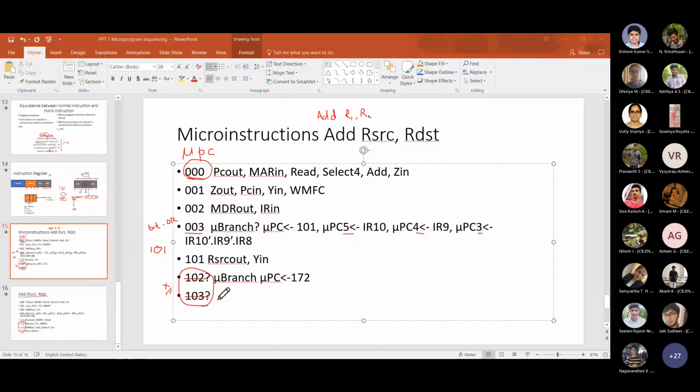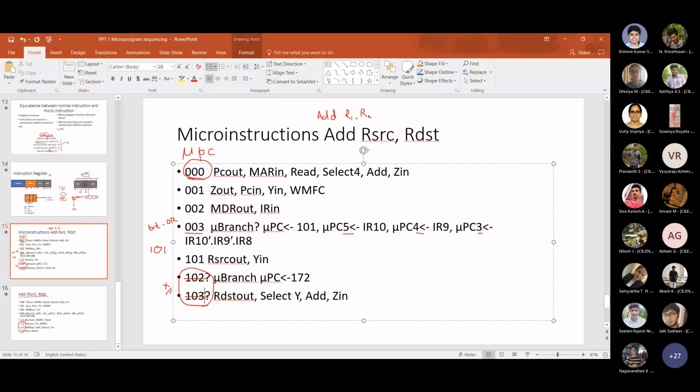And at 172, what do we have? Our DST out, add, selects Y, add Z in. Okay. Then at 173, you will have Z out, our destination in.